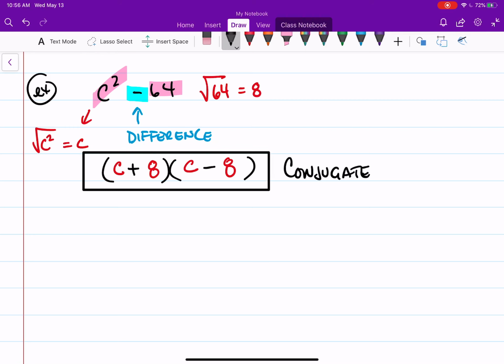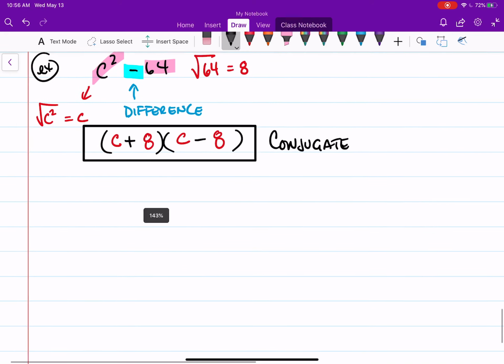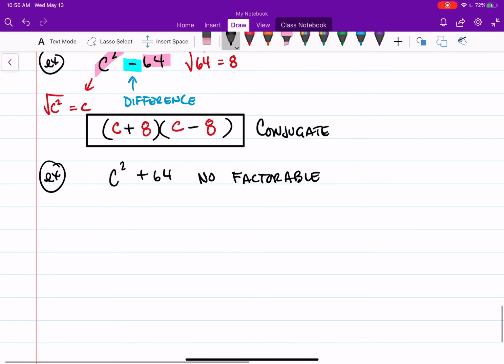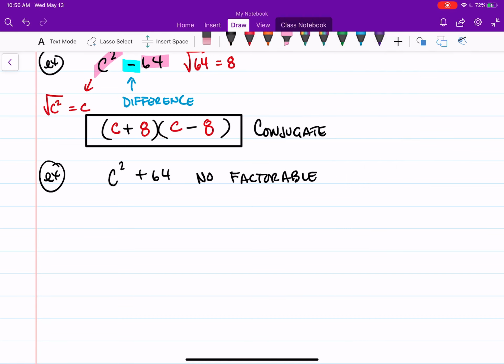And that would be my answer. Okay? So, let me do a really quick example 2. If I had c squared plus 64, that is not factorable. You're like, why?